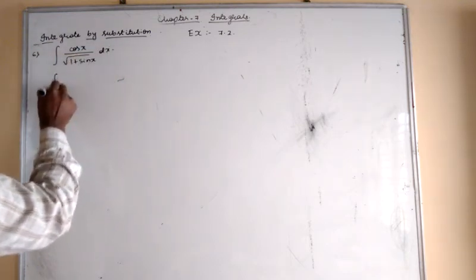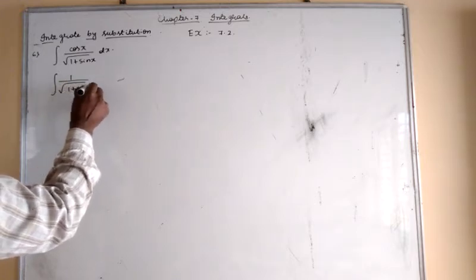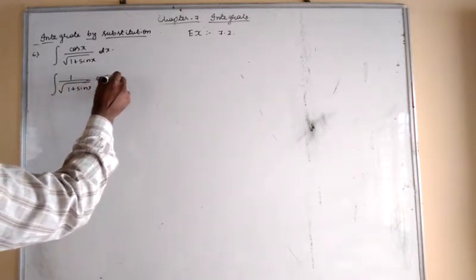So we can write 1 by square root of 1 plus sin x into cos x dx.